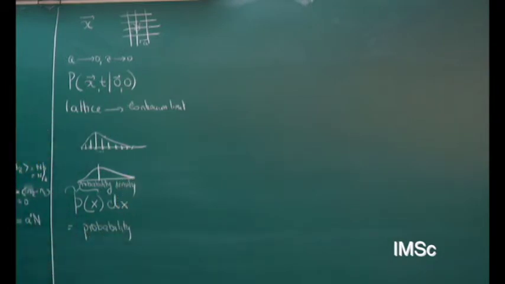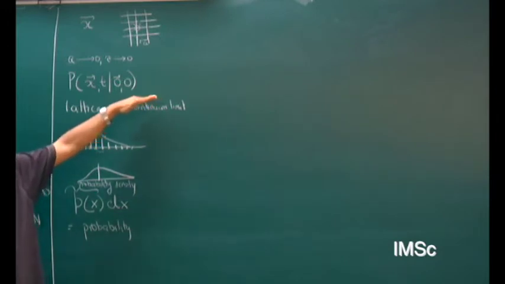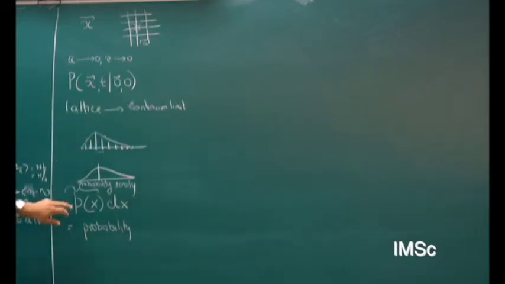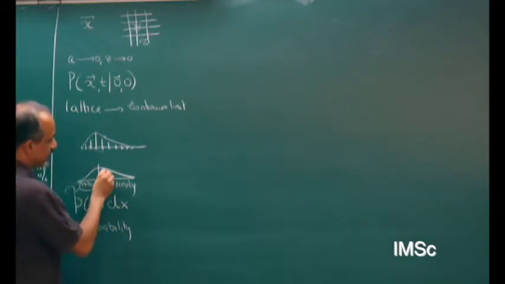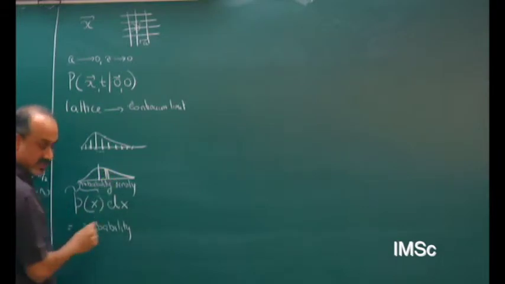Over here we talked about probabilities, but when we go to the continuum limit, the smooth limit, instead of probabilities, we always have to talk about probability densities, because probabilities don't make sense as is. You must take a density multiplied by a very small region. So that answers the question of what is the probability of being somewhere between x and x plus dx.